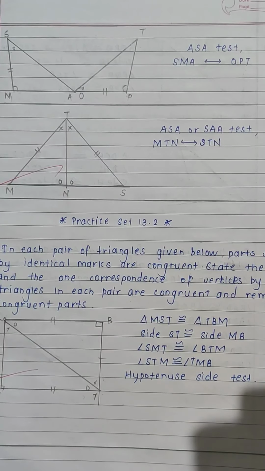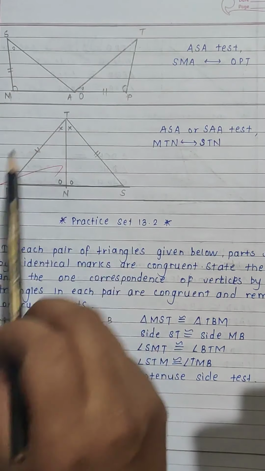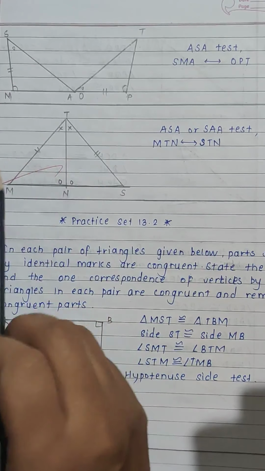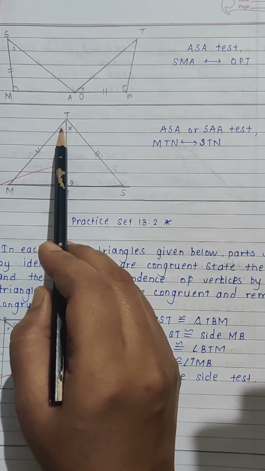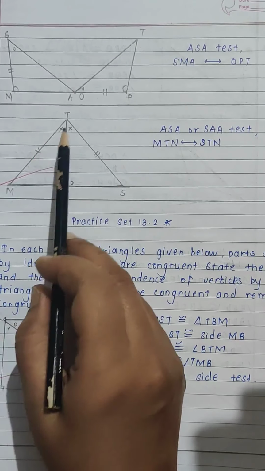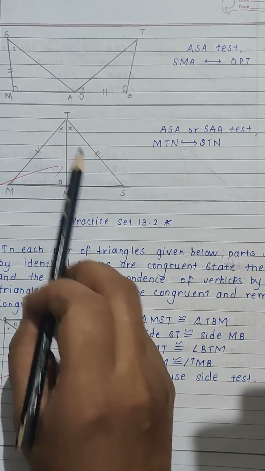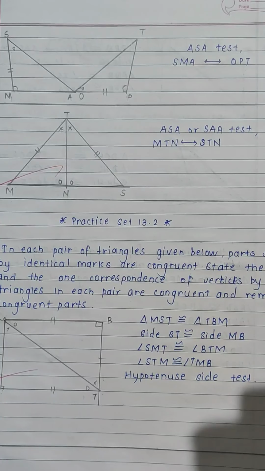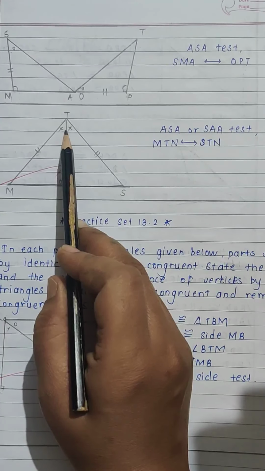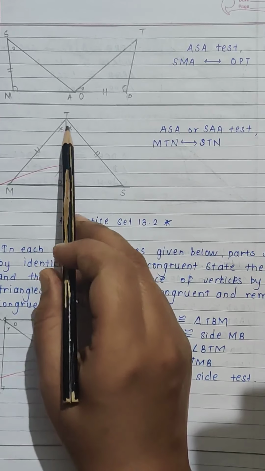Lastly, we are having two triangles, that is TMN and TSN. Now here they've given these two as equal angles, these two as equal angles, and side TM and side TS are equal. So we can say these two triangles are congruent by angle, angle, side.